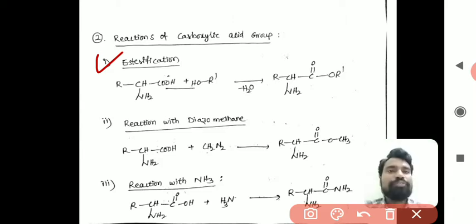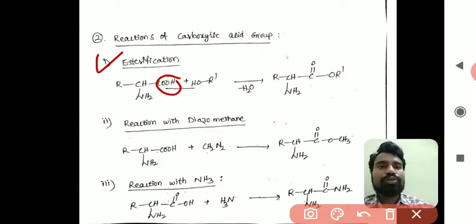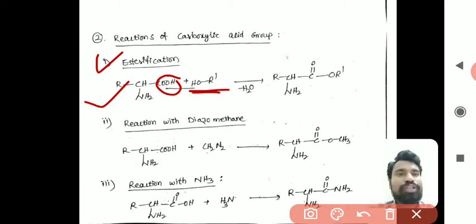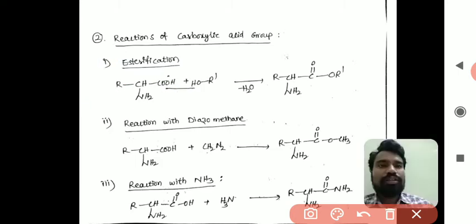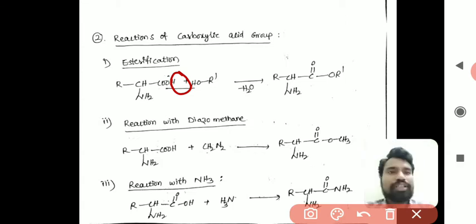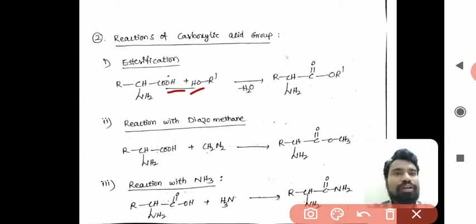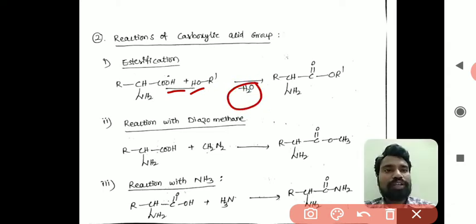Here also, the carboxylic acid group of the amino acid is reacted with alcohols, that is R-OH. Then the OH from the carboxylic acid and H from the alcohol leave as water, right?